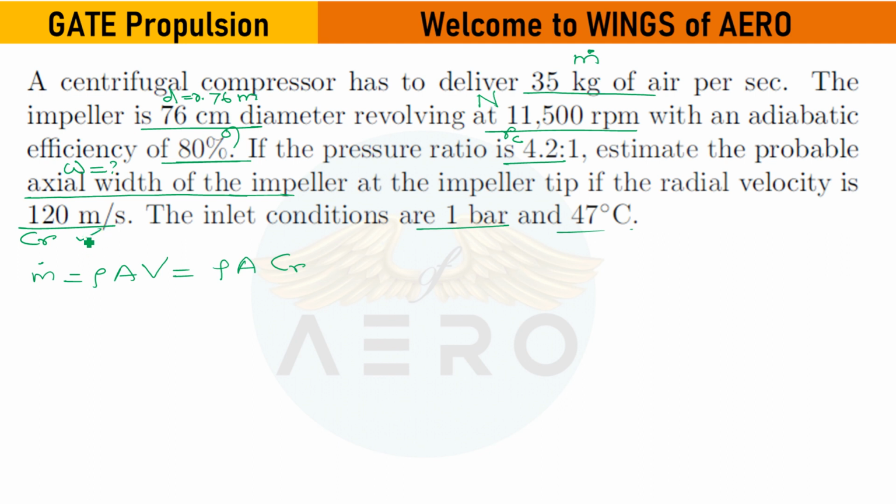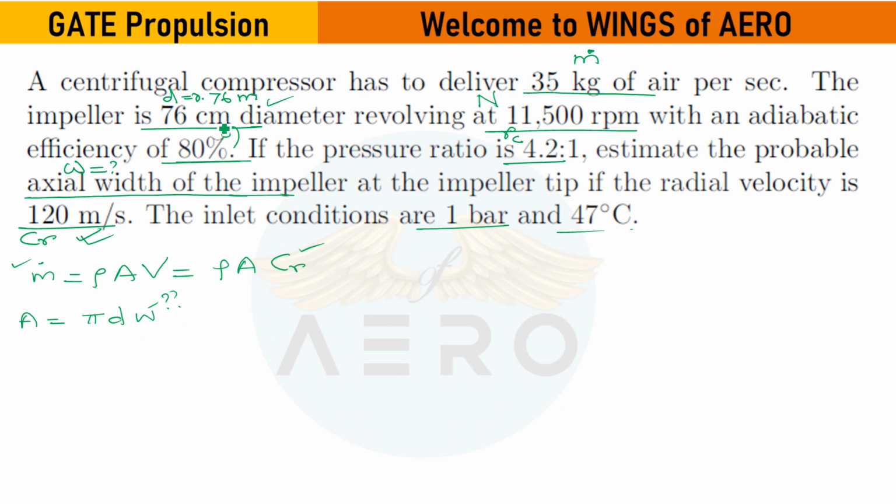So CR is known, M dot is known, rho is unknown, A is also unknown. Now what is the A formula? There is another formula: as they have given width, A is pi D into W. So D is given in the question, width is what we need to find out.